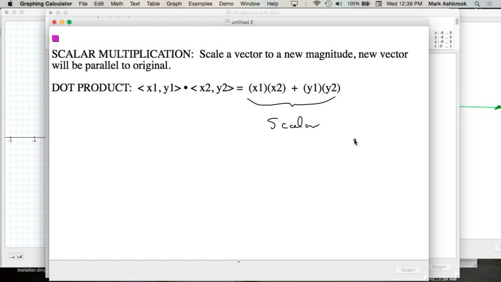And then according to the algorithm that I gave you, what is the dot product of 5, 0 dot 4, 3? It would be 5 times 4 plus 0 times 3, which is 20. So you put 20 in the box. So you draw both the vectors in standard position, and then you fill in what's in the box.